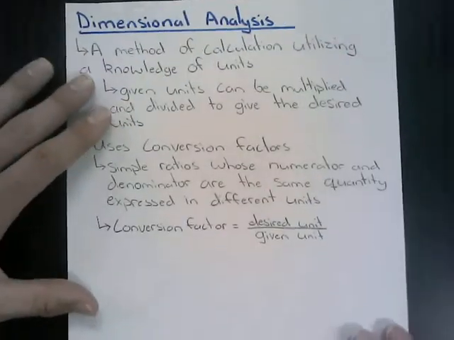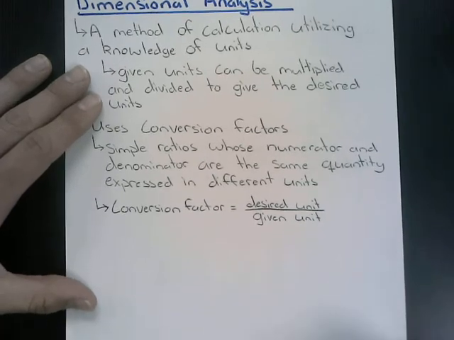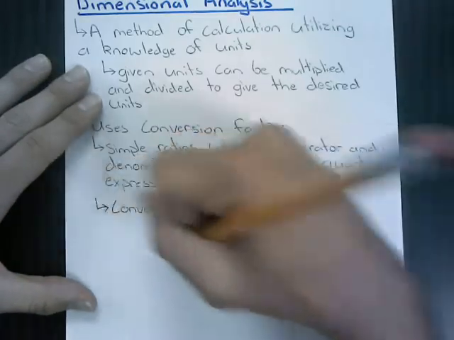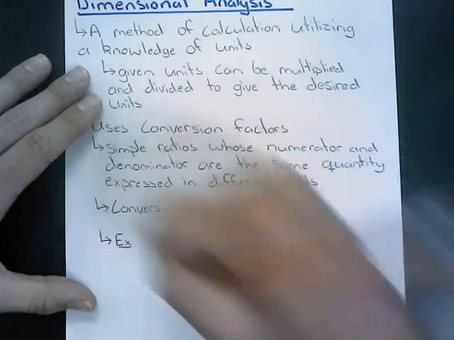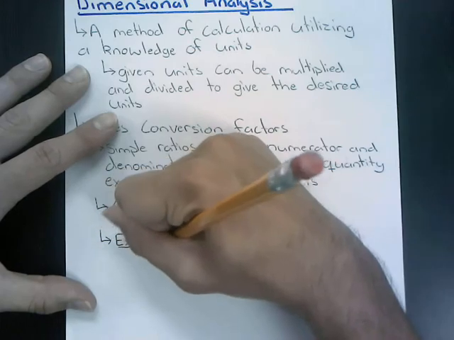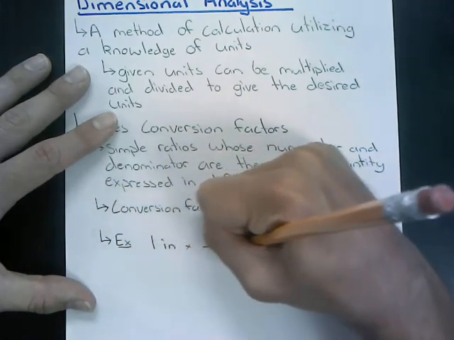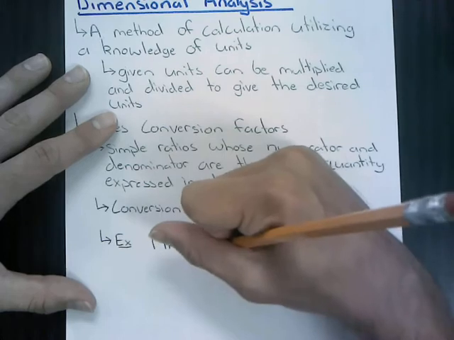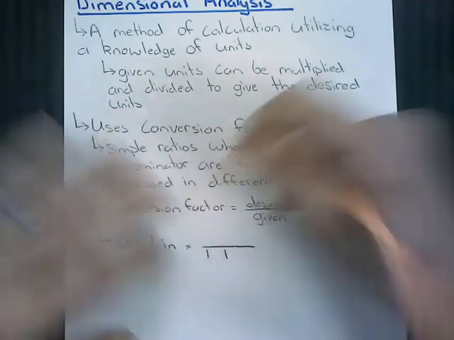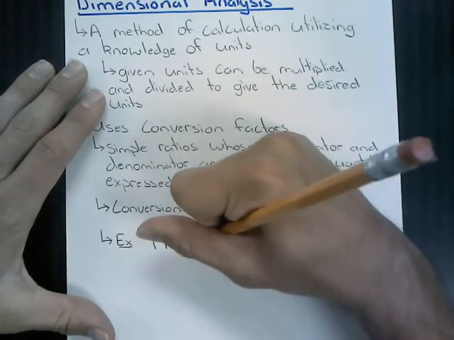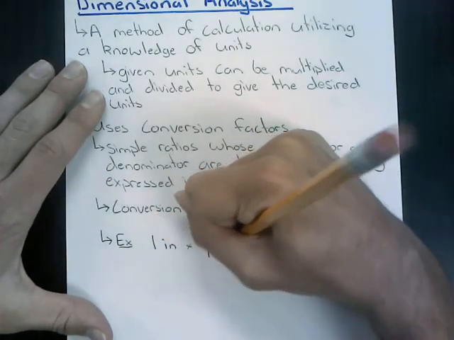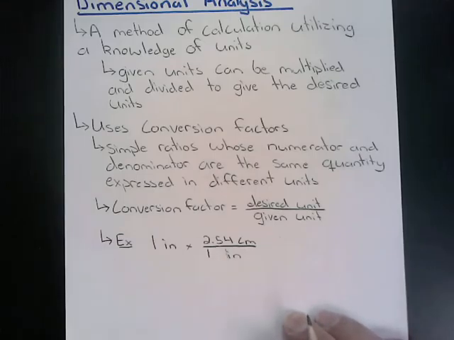A real world example is a conversion factor from inches to centimeters. 1 inch is equal to 2.54 centimeters, and that's how we would express this particular conversion.